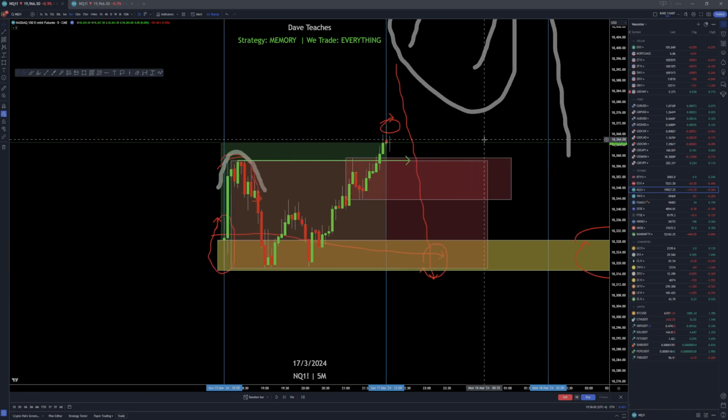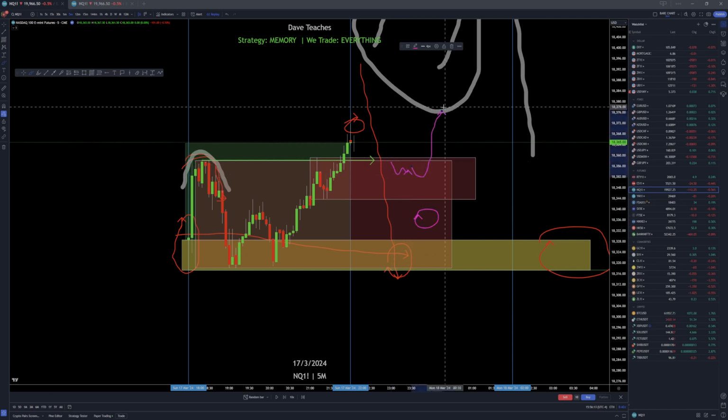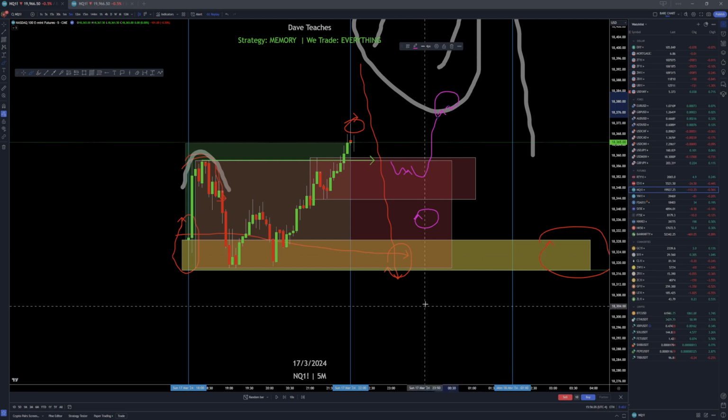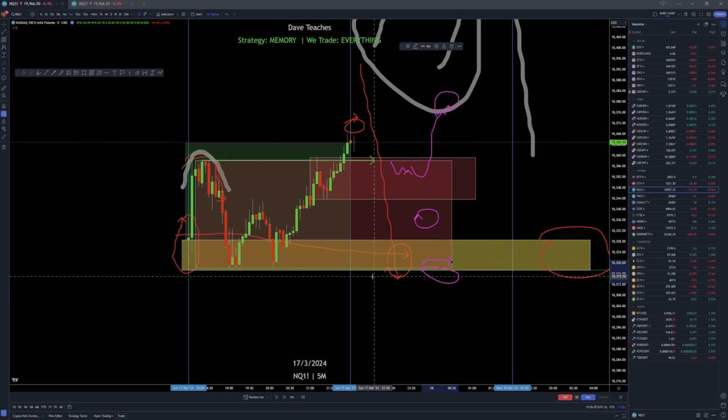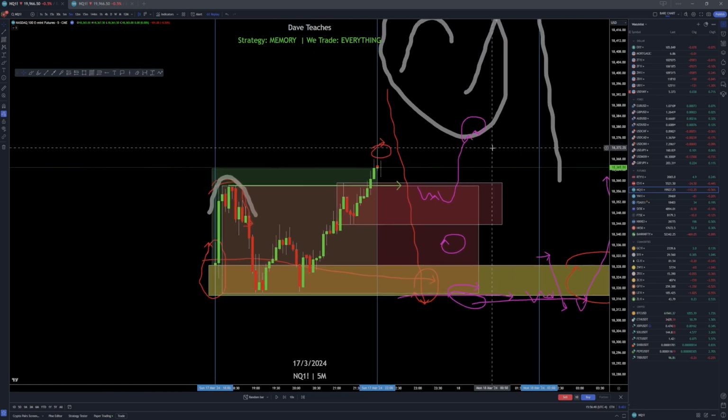So I see some people wanted to trade into these lows here, while others are thinking to move off of that high right there. That seems to be where everybody's at. So nobody's thinking this can be down here, run that low, and then go back in. Alright, let's see.